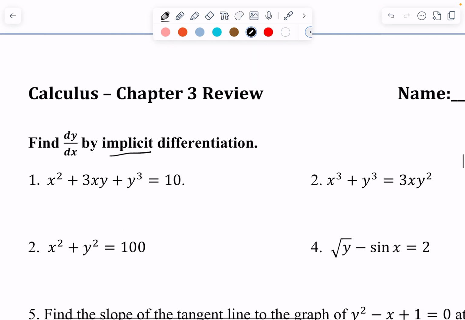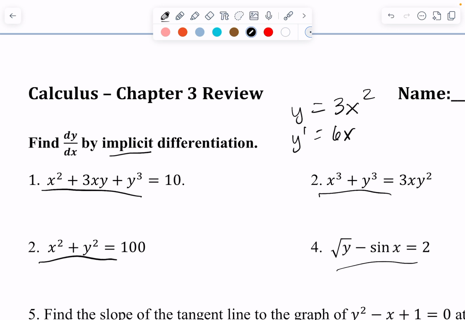Before, we were doing explicit functions where we had like y equals 3x squared, and we had to find the derivative, right? The y is on this side, the x's are all on this side, and that was easy. Y prime equals 6x, and we're done. But when we're doing implicit, the x's and y's are intermixed on the same side, so that's kind of a problem.